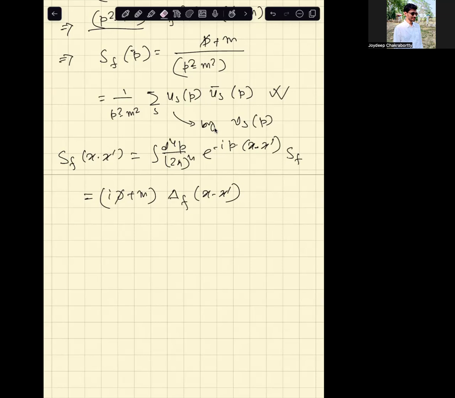Let me not put it as F here, because this is a fermion, not the Feynman propagator for the scalar. Right? In this way, you can write down your Feynman propagator in position space.